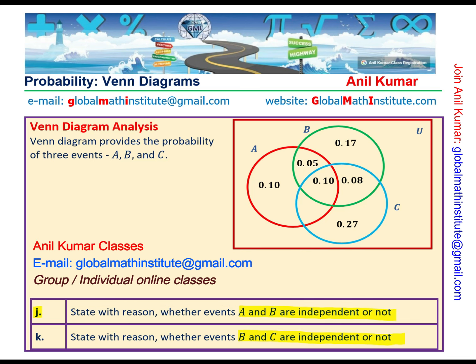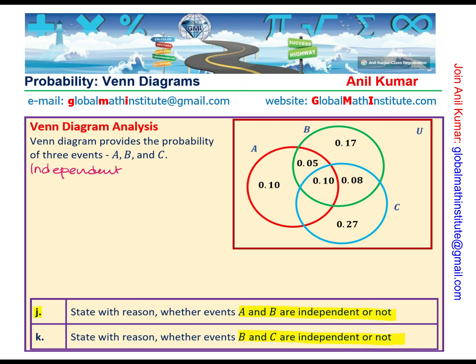Well, the key is for independent events. Let's say we consider A and B, and if you want to check whether it's independent or dependent, we say, what is the probability of intersection of the two events?